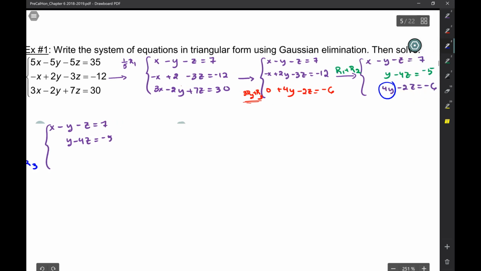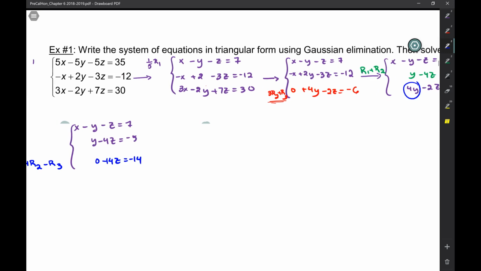Here, 4y minus 4y, 0. What about here? 4 times this is negative 16 plus 2, negative 14z. And then 4 times this is negative 20 plus the minus, so plus this. So negative 20 plus 6 is negative 14.